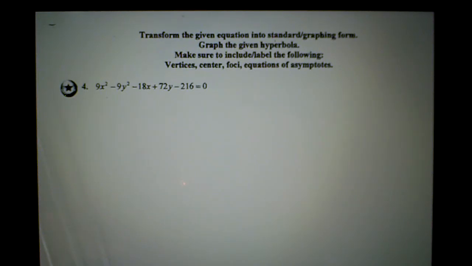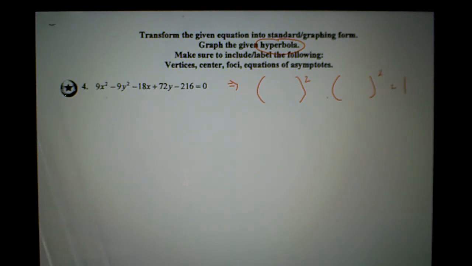This time, we are going to be graphing hyperbolas. So, this time, instead of going to the graphing form where I have a 4p and I have a squared and a not squared, for hyperbolas, I know I've got to go to a group squared and another group squared, and I'm equal to 1.